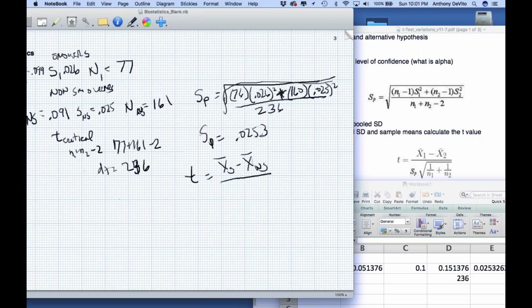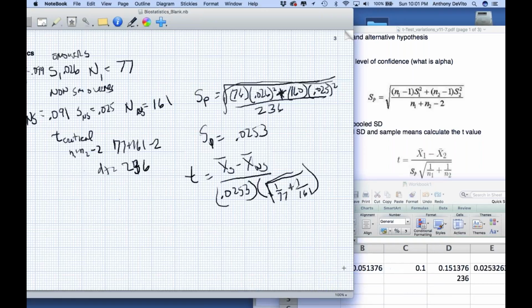Standard error is going to be equal to our pooled standard deviation, 0.0253, times the square root of 1 over 77 for the first group, plus 1 over 161 for the second group. Remember that's a plus sign in between. I'm going to have to calculate that as well.